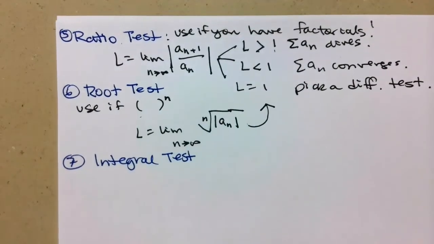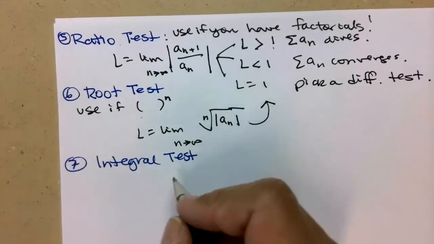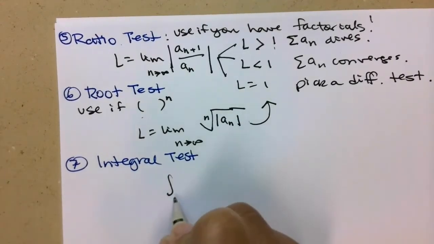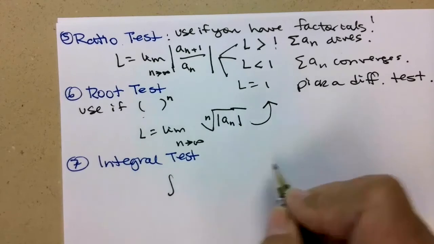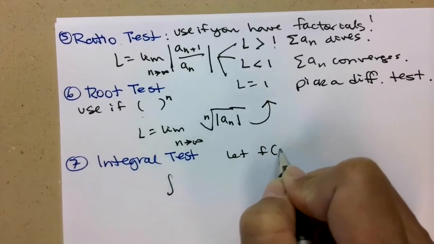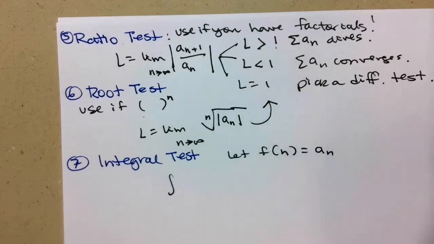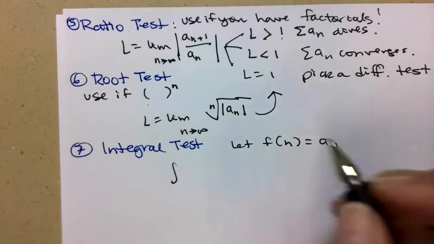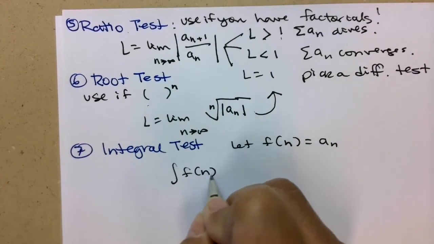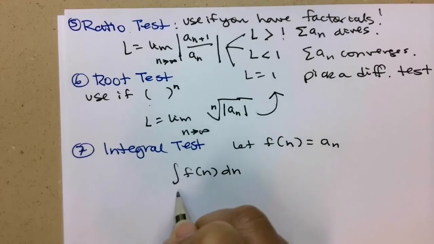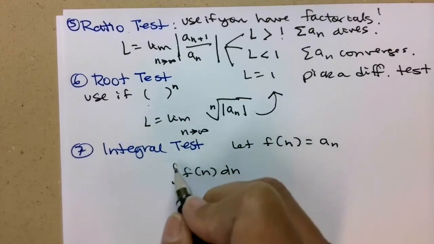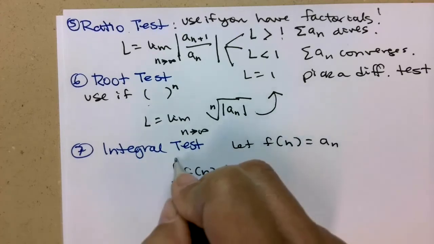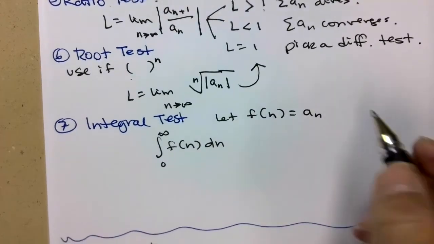Okay. And then finally is the integral test. And this is where you just integrate, so we have to let f of n equal a sub n. So we just take that generic nth term and make it a function. And then we're going to integrate it from some arbitrary value to infinity, doing an improper integral.